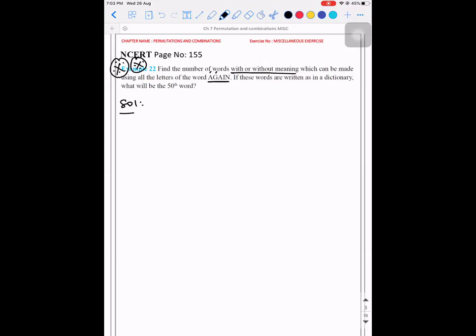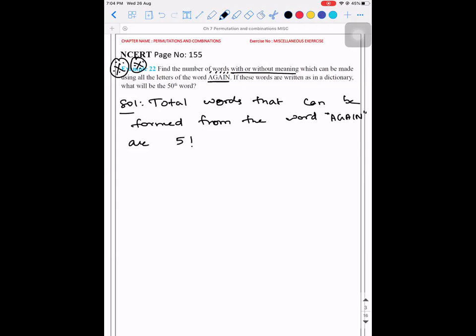So how many letters do you have in your hand? 1, 2, 3, 4, 5. Out of which how many are repeated? 2 are repeated. So total words that can be formed from the word AGAIN are how many? 5 factorial divided by 2 factorial, because whichever is repeated, I should divide by that factorial.